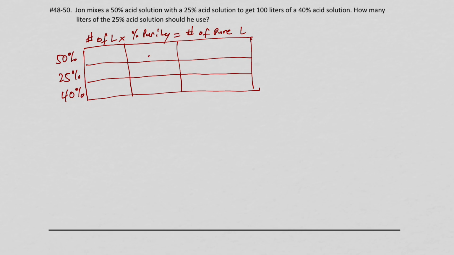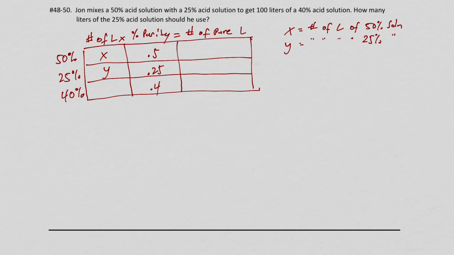So the easy stuff is this. All right, we'll call this x and y. In other words, x equals the number of liters of the 50% solution, and y is the number of liters of the 25% solution.